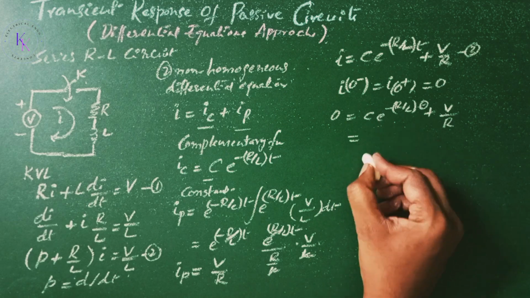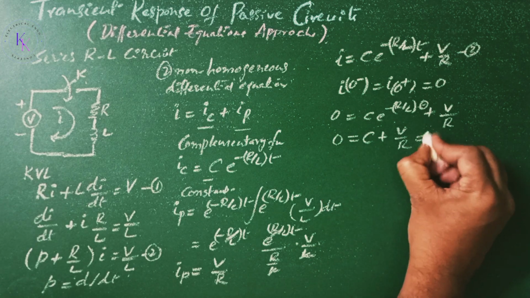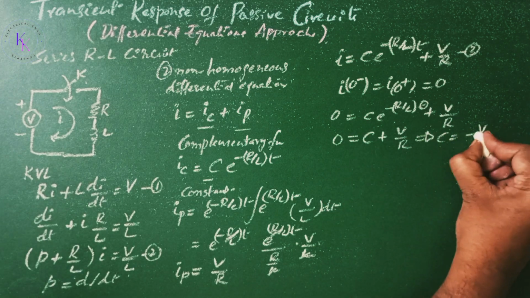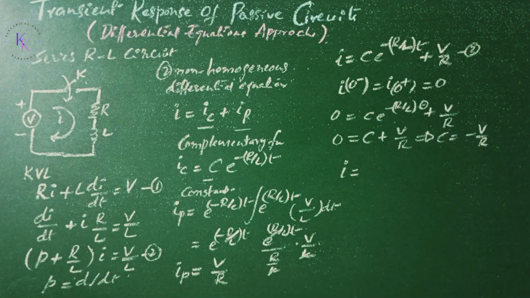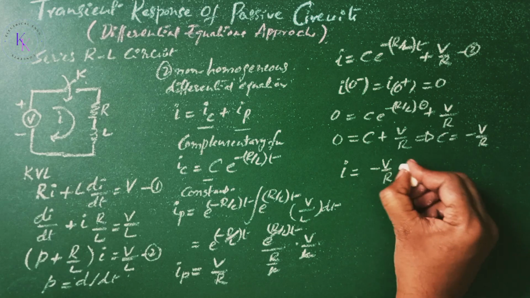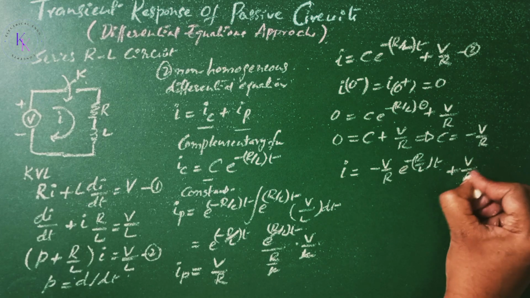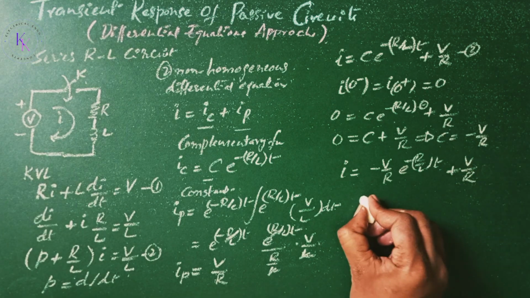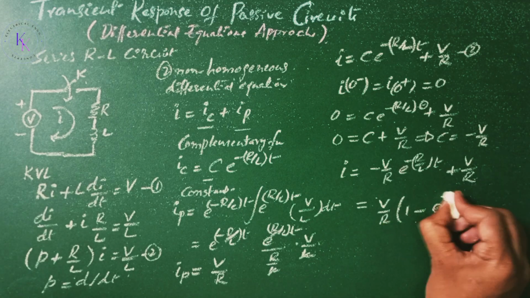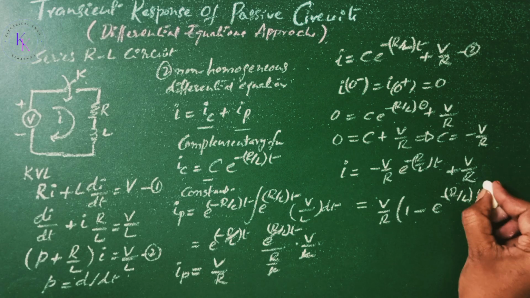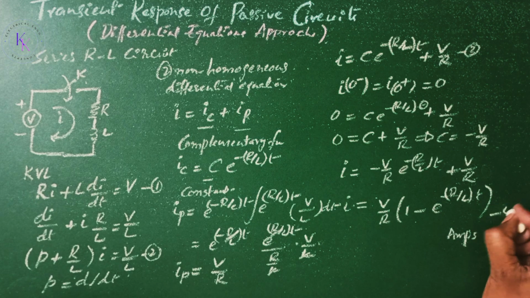So this will be C plus V by R equals 0, from which C equals minus V by R. This gives the current i: if you substitute in equation number 3, minus V by R e to the power of minus R by L of t plus V by R. Now take V by R common, then you get V by R of 1 minus e to the power of minus R by L of t, which equals i. This is in amps. Let this be equation number 4.